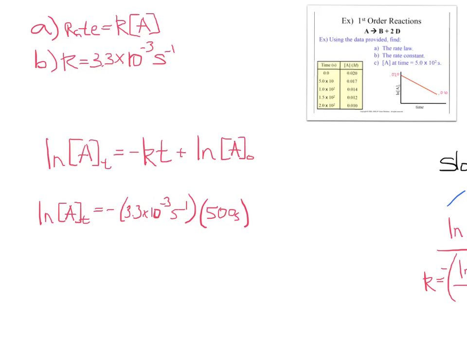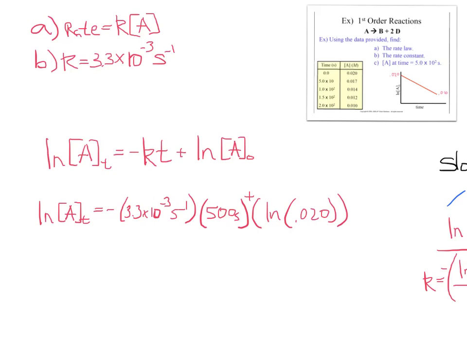I'm just going to put it out that way so I don't run out of room. And we're going to be adding that, so plus the natural log of the initial concentration, which was 0.020.